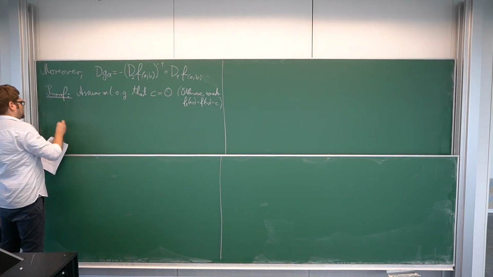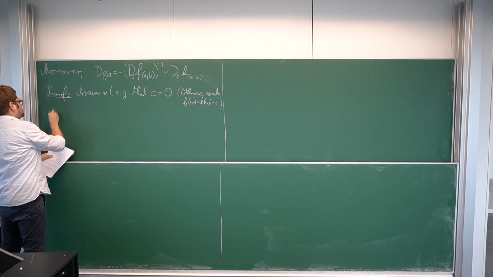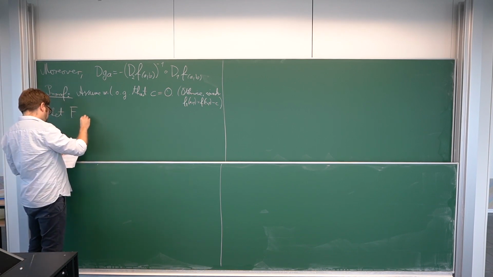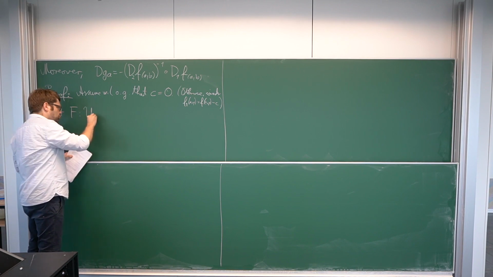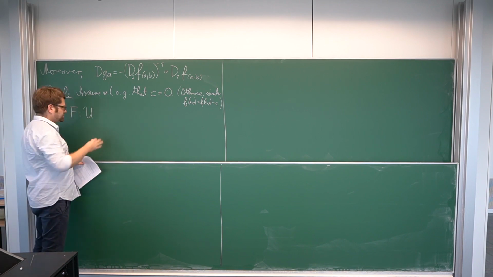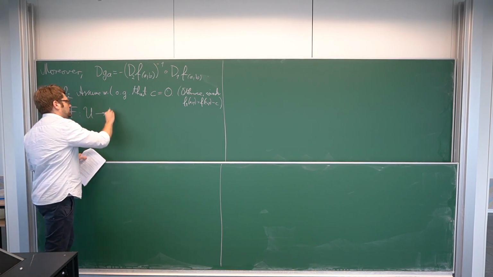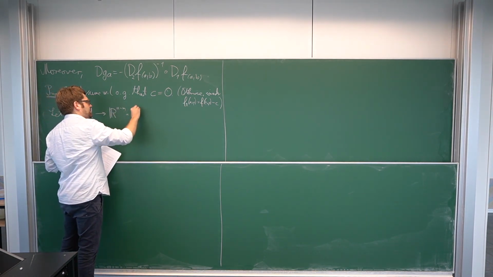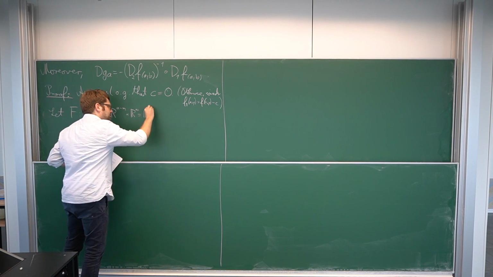Now, for the inverse function theorem, how can we apply this? We construct an interesting map, or at least I find it interesting. Namely, we go from U, the domain of f, which is a subset of R^n, to R^(n-m) times R^m, which is R^n.